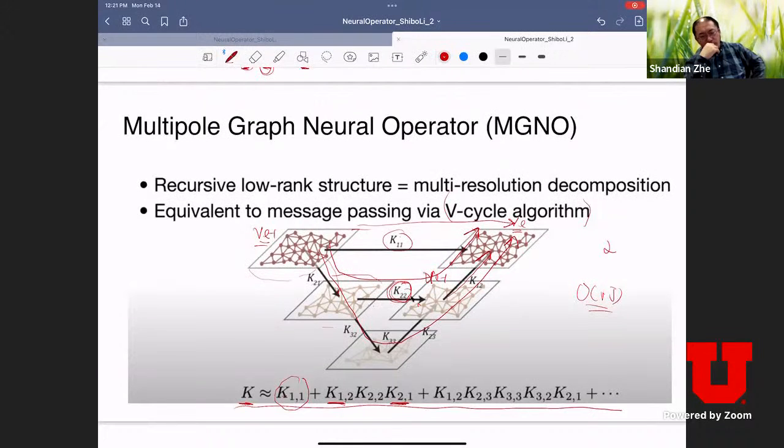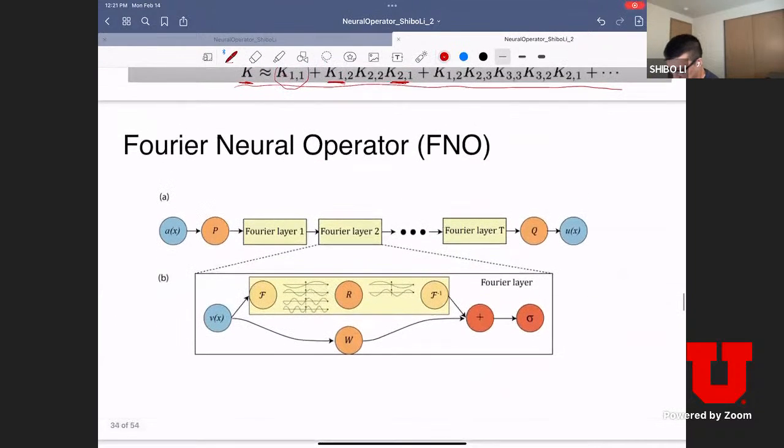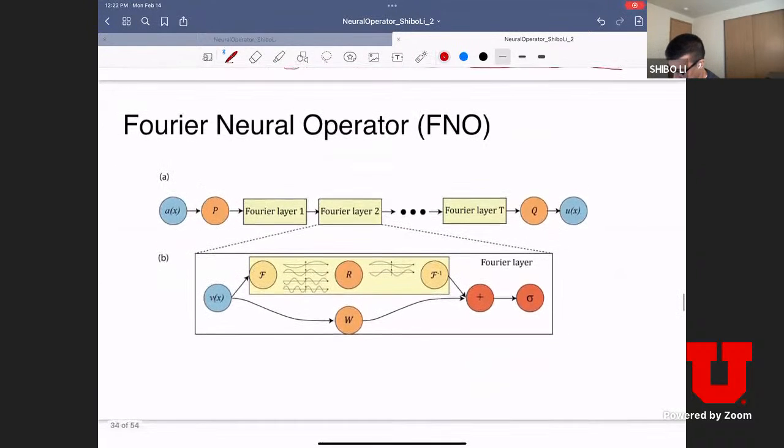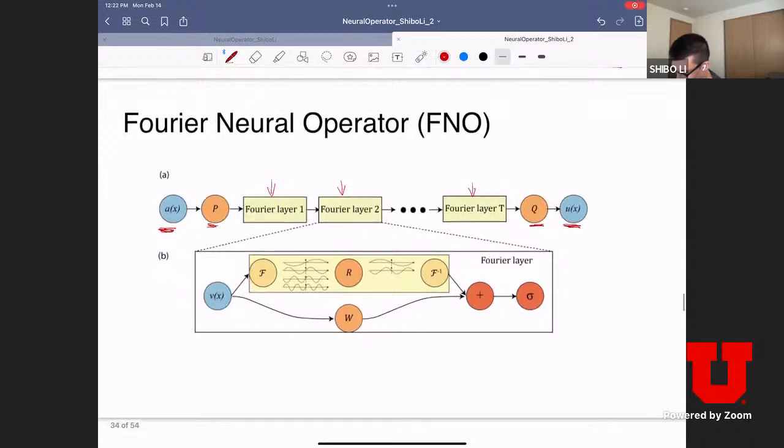Okay, let's look at Fourier now. So finally, the last approximation, and this is the Fourier neural operator, and it is not magic. The input is still A(x), and the output is still U(x), and you have the lifting matrix and the projection matrix. However, here each hidden layer neural operator, previously approximated by a graph neural network, is now computed by a linear Fourier operation.